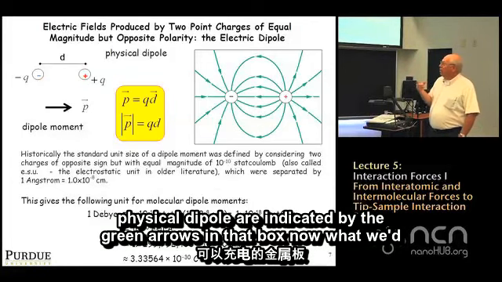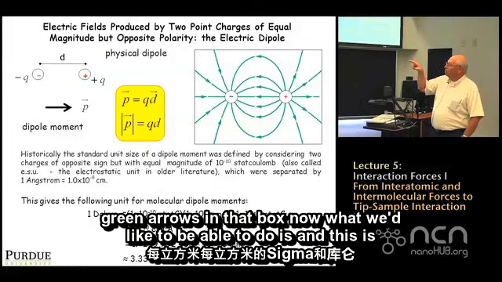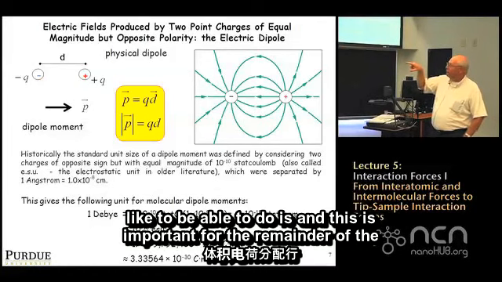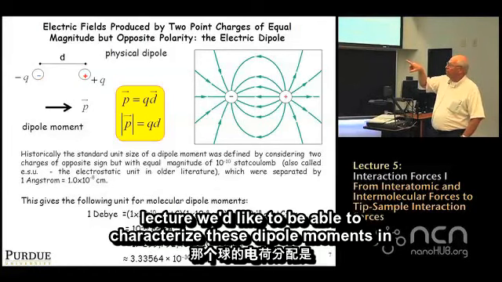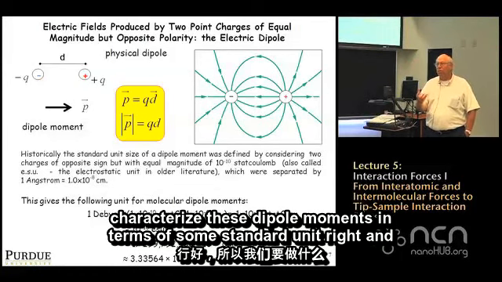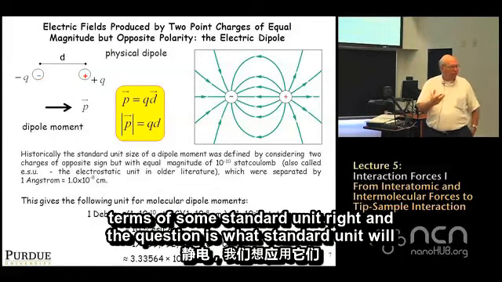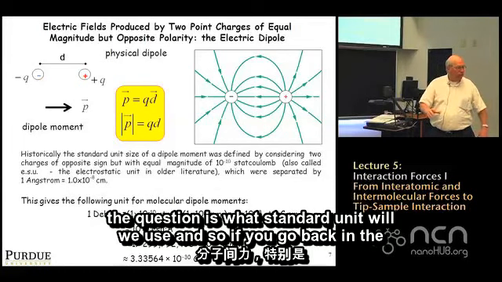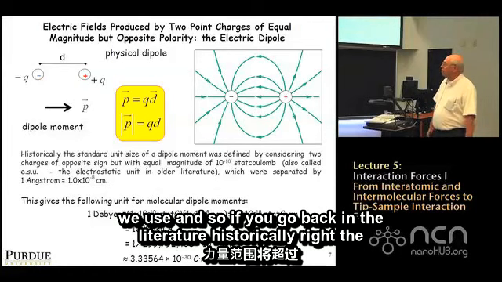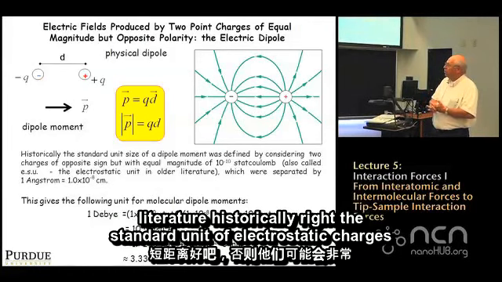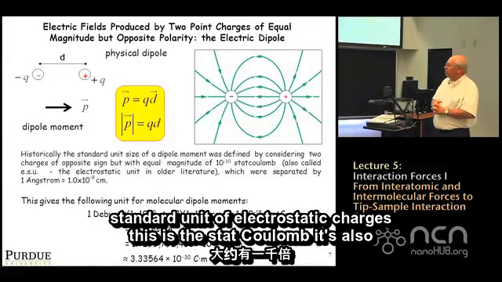Now, what we'd like to be able to do, and this is important for the remainder of the lecture, is characterize these dipole moments in terms of some standard unit. And the question is, what standard unit will we use? If you go back in the literature historically, the standard unit of electrostatic charge is the stat coulomb.